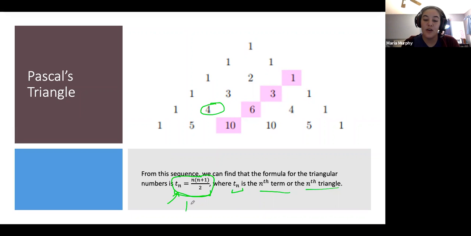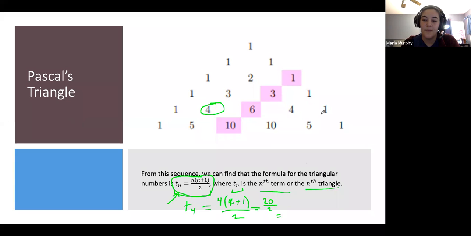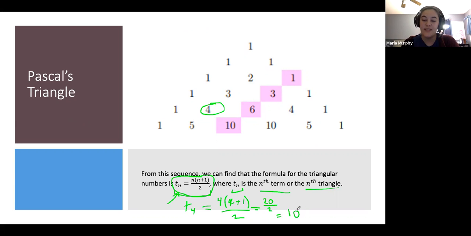So the triangular number of 4 is 4 times 4 plus 1, all over 2. We go 4 plus 1, which is 5. 5 times 4 is 20. And 20 divided by 2 is 10. So the triangular number for 4 would be 10.